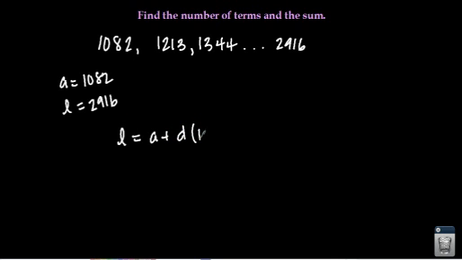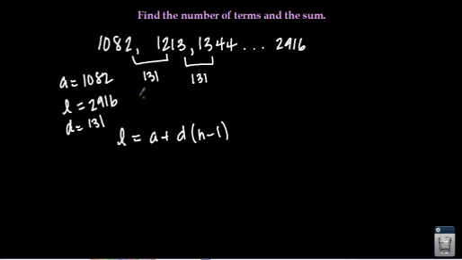But I also need to know D, which means that I am going to have to calculate the common difference, which happens to be 131, okay? Second term minus the first. Third term minus the second. So it's always the next term minus the prior. Okay, so D is 131.